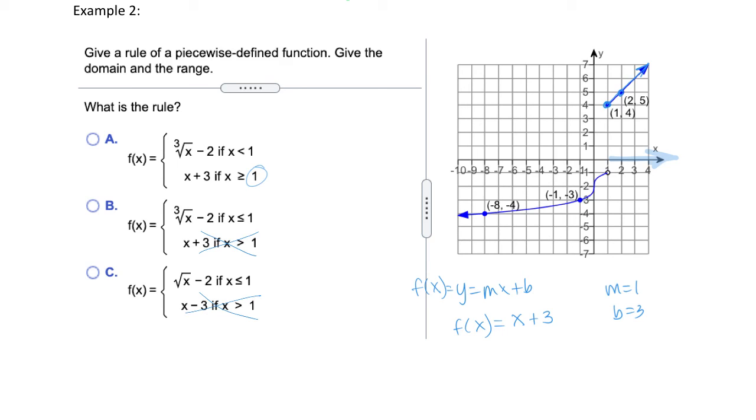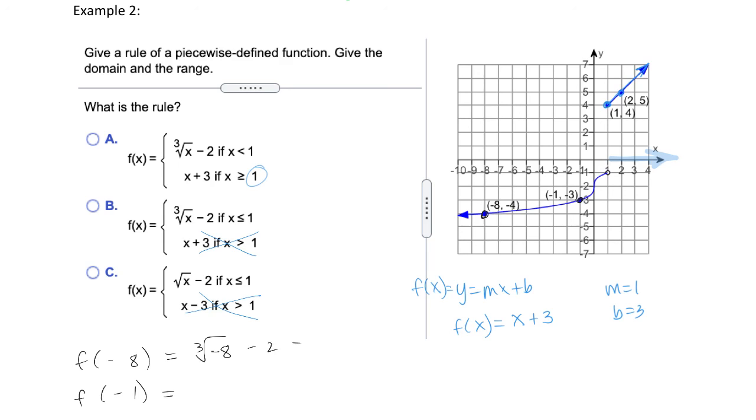Okay, and let's just double check that that cube root of x minus 2 is true as well. And so we can just plug these points in and just verify that an input of -8 and an input of -1 would actually come up with those outputs of -4 and -3. Okay, so cube root of my input in this case is -8, minus 2.